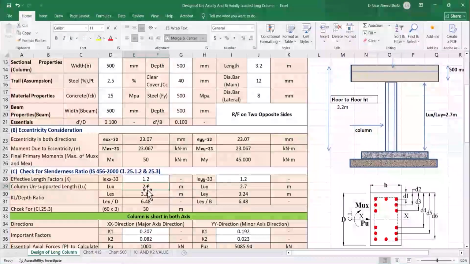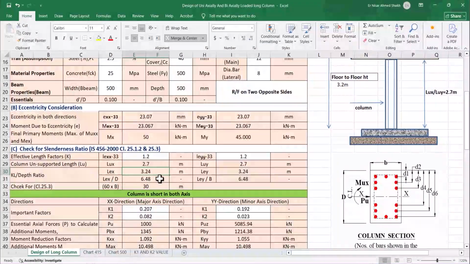This is the Lux, which means after subtracting the depth of beam you get 2.7 meter. After applying the effective length factor you will get 3.2 meter.